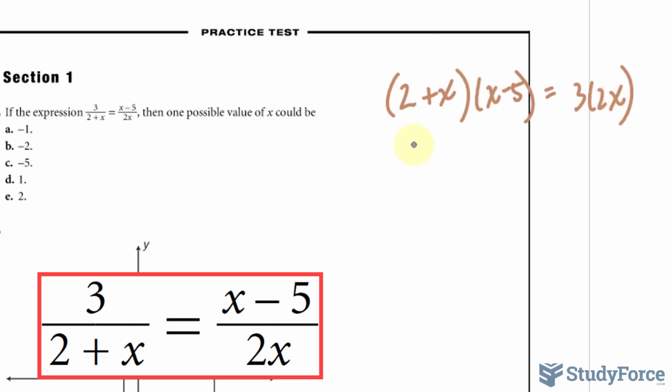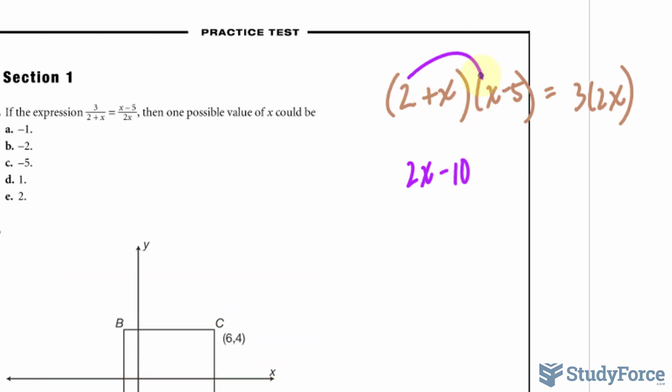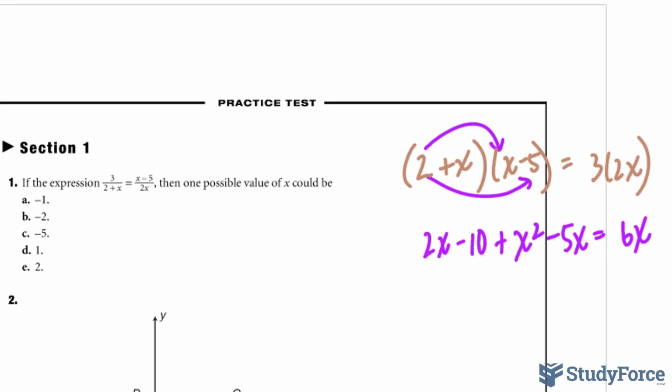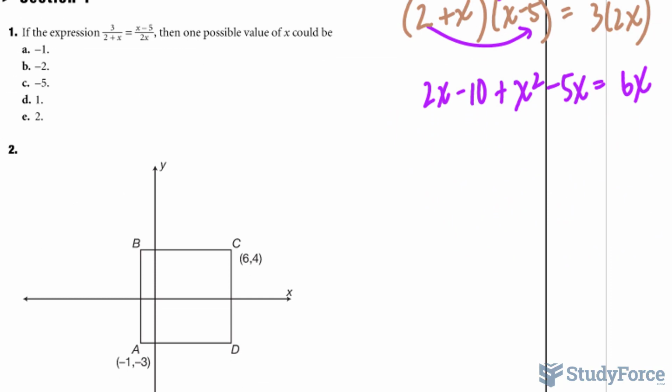Now we expand the left side. I have 2x minus 10, so I multiply the 2 and the x and the 2 and the negative 5, and then multiply this x with these two terms. So I have plus 2x squared minus 5x is equal to, this part becomes 6x. It looks like I'm going to have a quadratic equation. So let's move this term over.